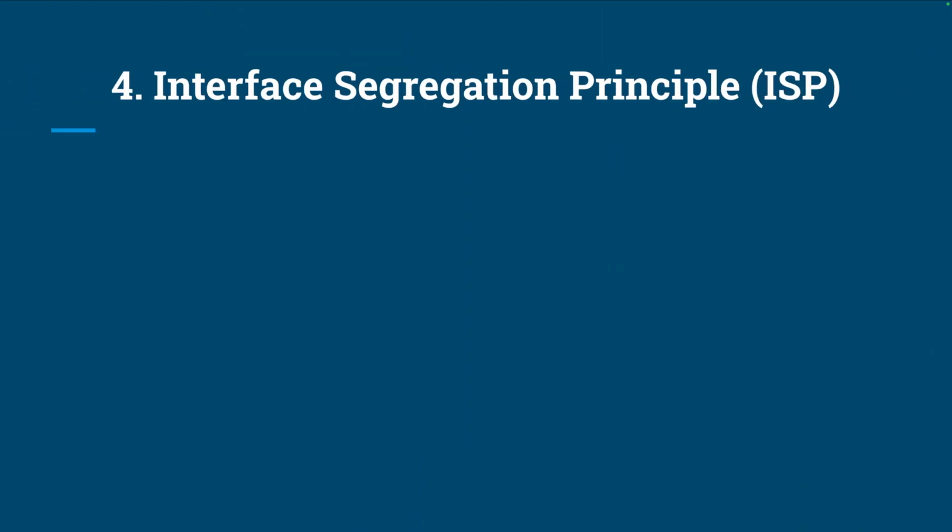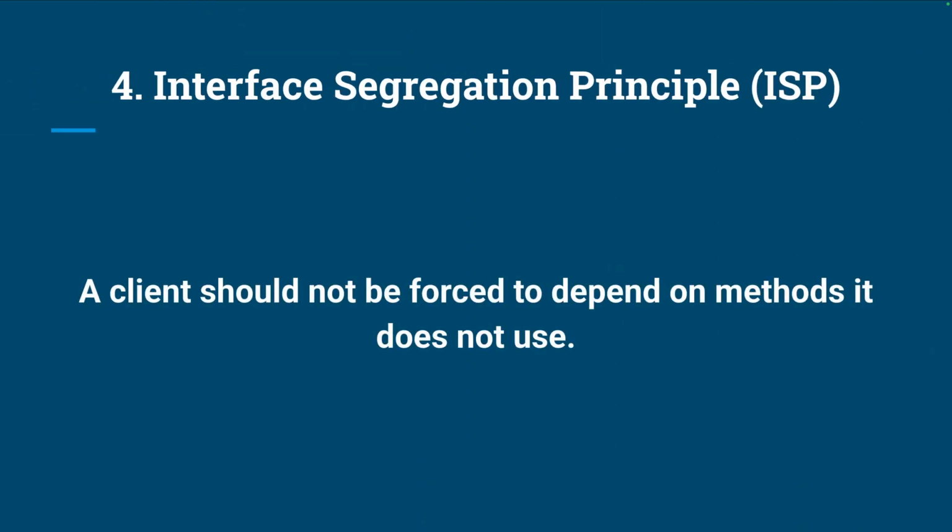Here's the official definition of the interface segregation principle. A client should not be forced to depend on methods it does not use. Sounds serious, right? Okay, let me explain that in normal people language. Basically, if you're building a class and it needs to follow some interface, you shouldn't have to implement a bunch of stuff that has nothing to do with what your class actually does.